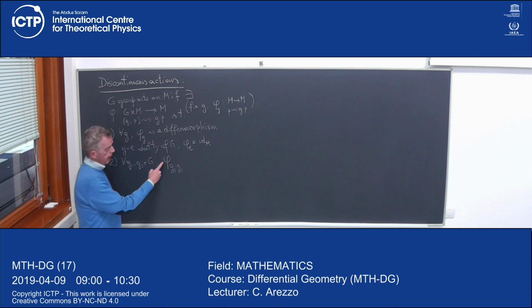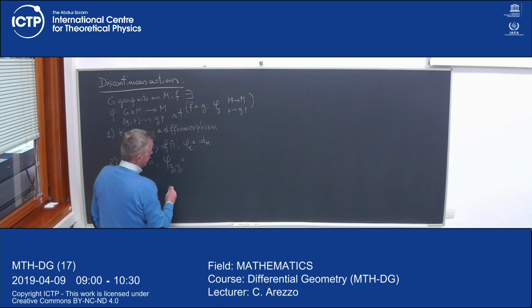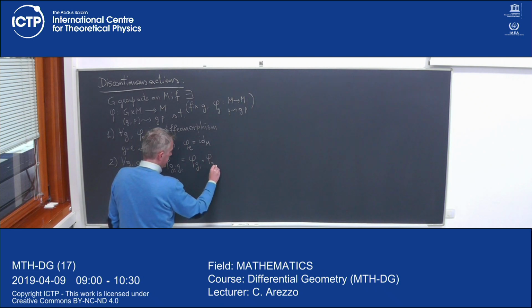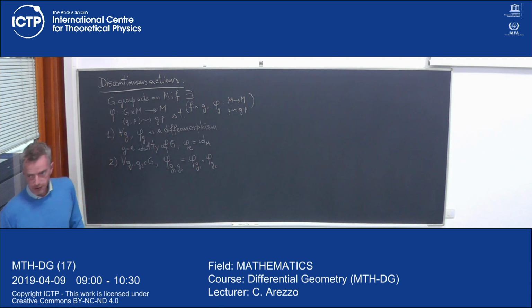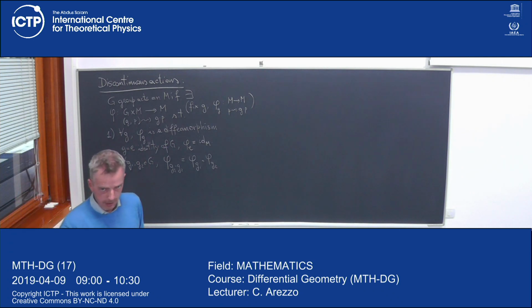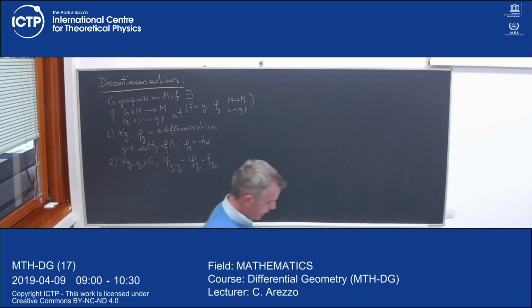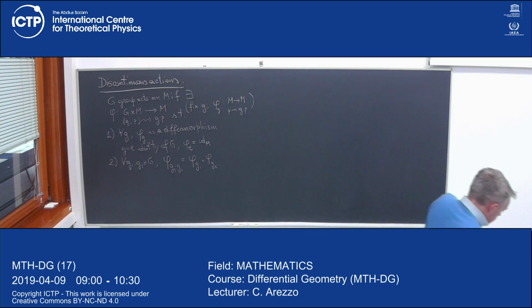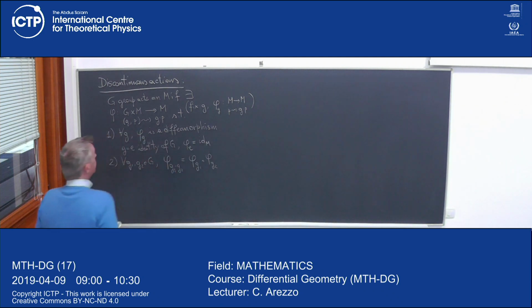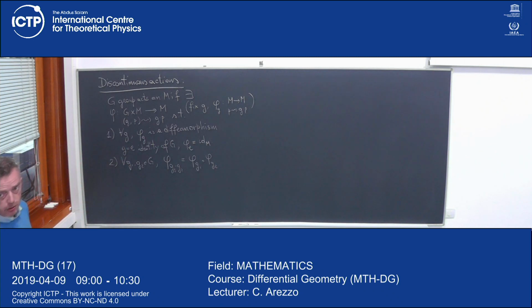So this is the action of this element of the group, but I can compare it with the composition, and I want them to be the same. So that if I first act with g2 and then with g1, it's the same thing as acting with g1 times g2. Now, this is just a group action.